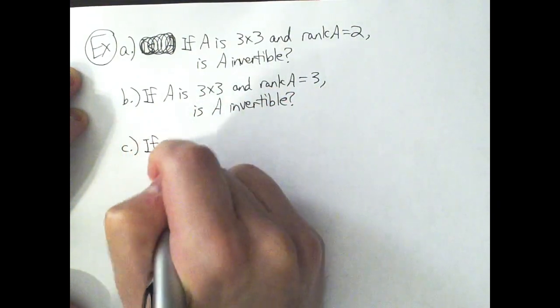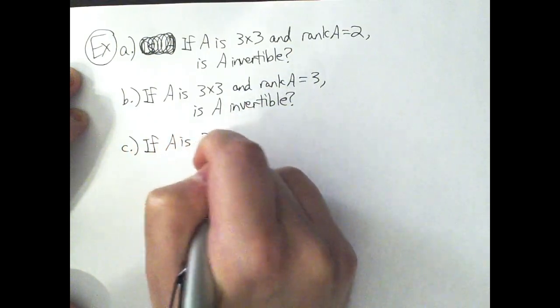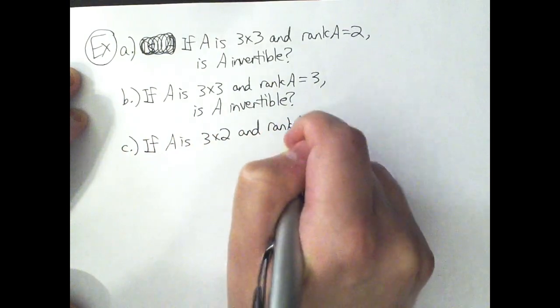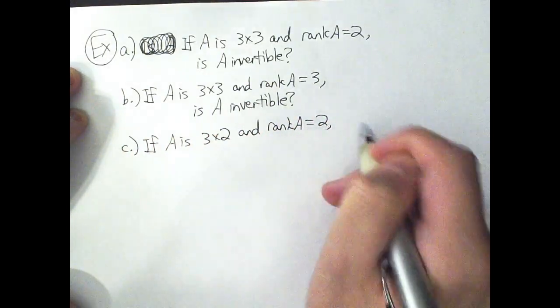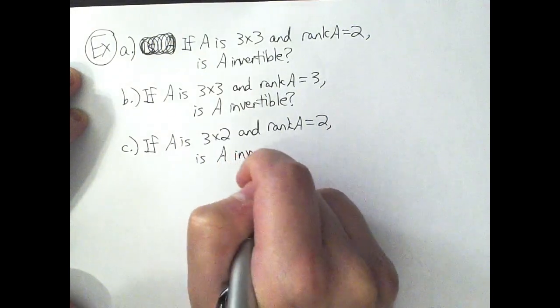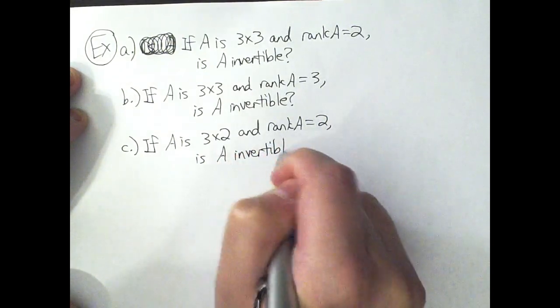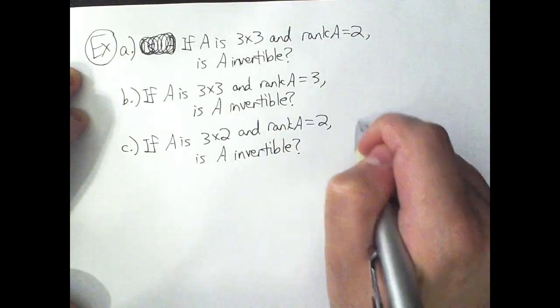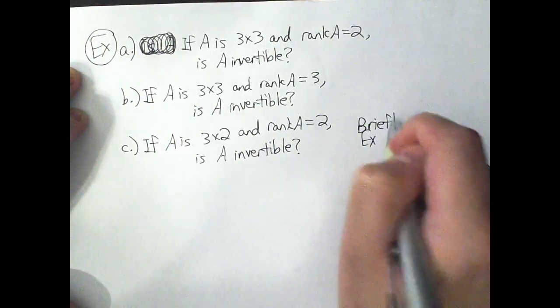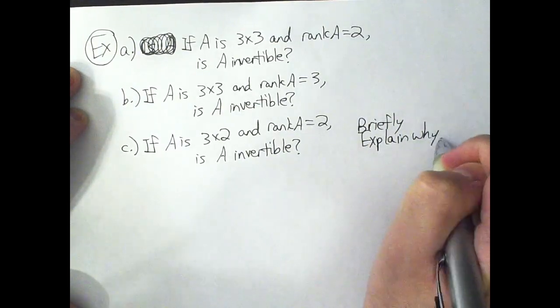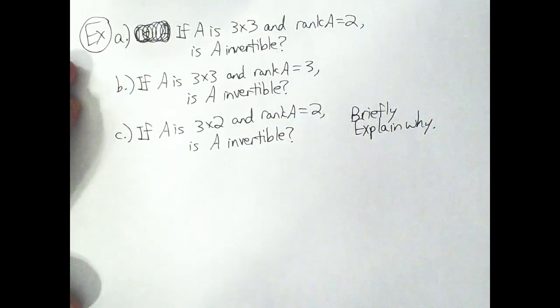Part C. If A is 3 by 2 and the rank of A equals 2, is A invertible? And in all cases, I'd like you to briefly explain why. All right, so I'd like you to pause the video and give this a try.